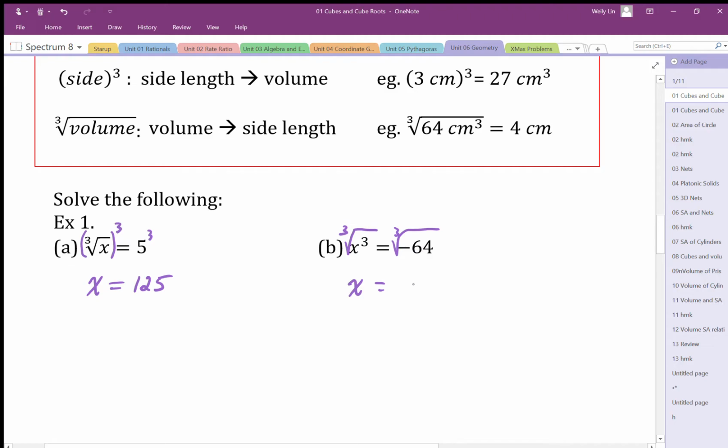Well, it's going to be 4 multiplied by itself 3 times, but that gives me positive 64. But if I want negative 64, I have to start with negative 4. So when we talk about side length here, we're going from the volume. Here the volume is 125. Here we're trying to find the side length, which was negative 4.